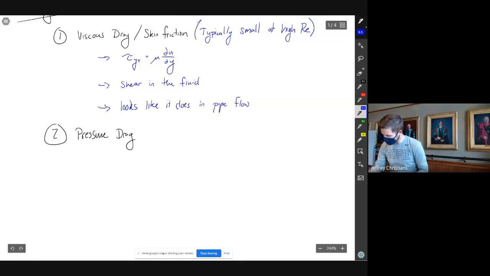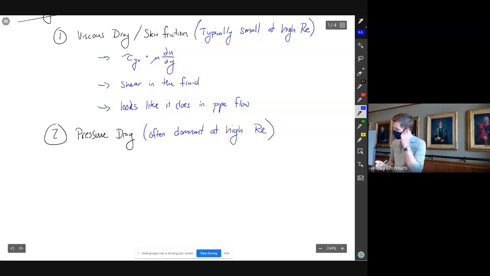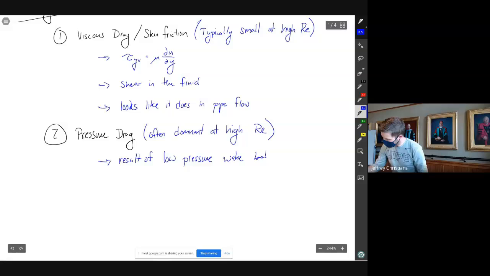So this often dominates at high Reynolds number. And it's really, if you want to think about it, the result of a low pressure wake behind our object.